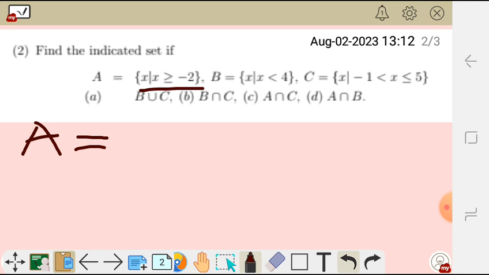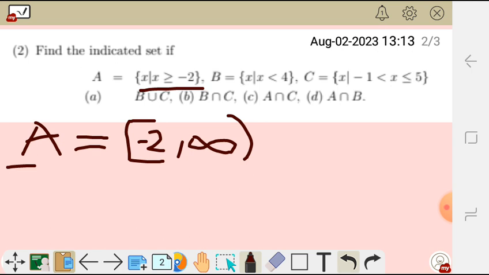So I'm going to use a square bracket: [-2, comma, all the numbers greater than -2, including -2 itself, going to positive infinity. That is the interval of set A.